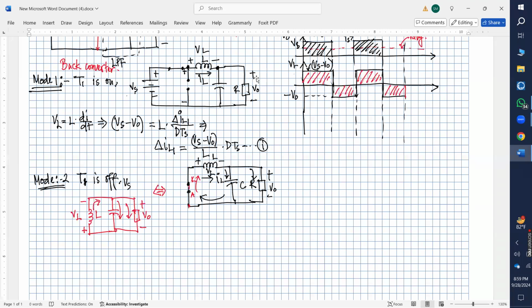Shouldn't the output be almost sinusoidal, as we are using a low-pass filter here? Why should we use a sinusoidal waveform? Because our input is DC and we want a DC output. So should we want the sinusoidal output or the DC one? We want a pulsating output. Still, I didn't get you.